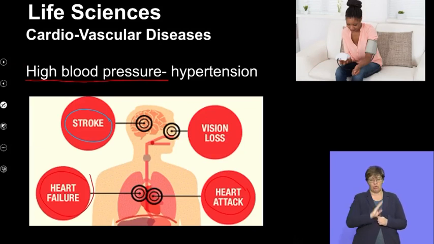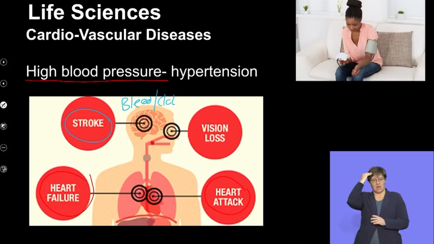What is a stroke? It is where we either bleed in the brain or we have a clot, either one of those two. And what's happening is the brain tissue is not going to get blood. There can also be vision loss. Very often the pressure in our eyes presses against our eyes, and we can actually go blind.